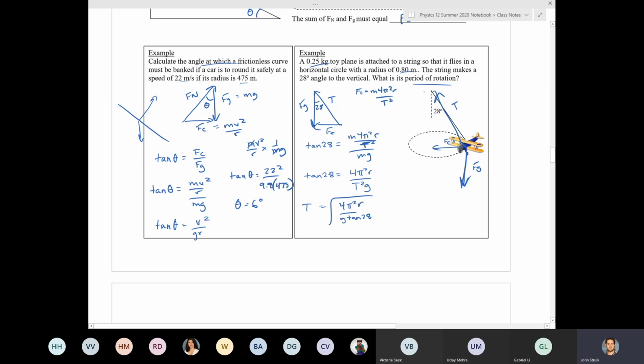Okay, so 4 times pi squared times r, which is 0.8, and then divide that by 9.8 times tan 28, and then square root that, and we get t is equal to 2.5 seconds. That seems like it's a really long time. Let me double check my answer.